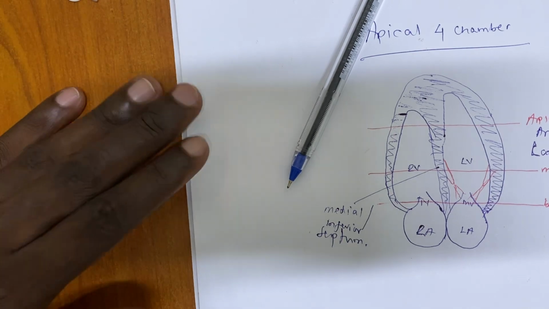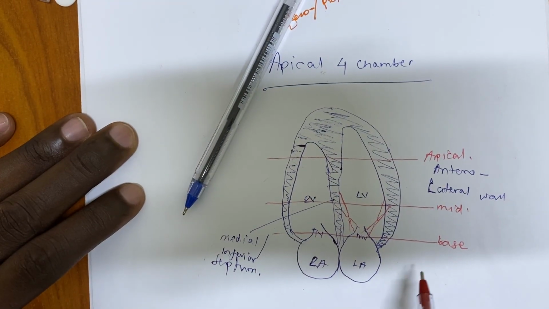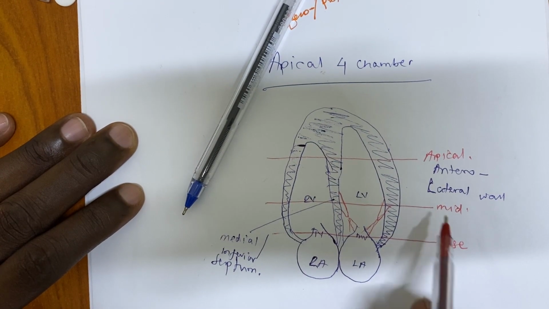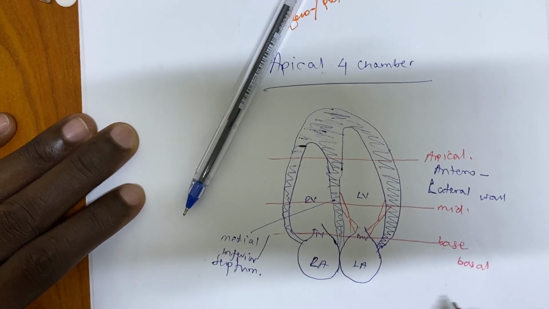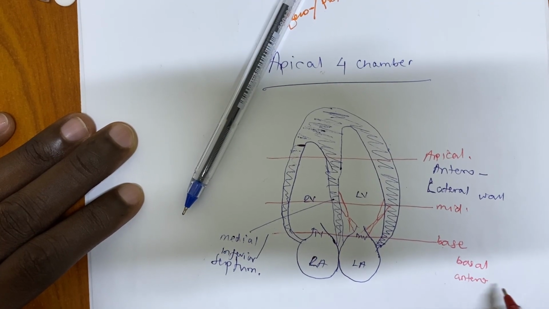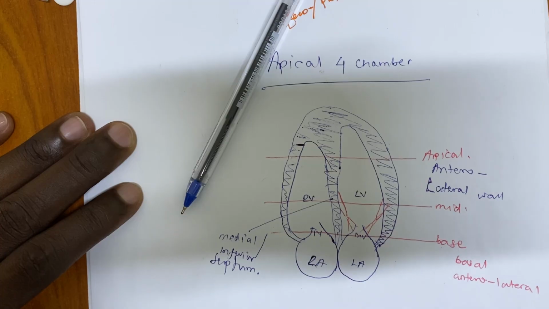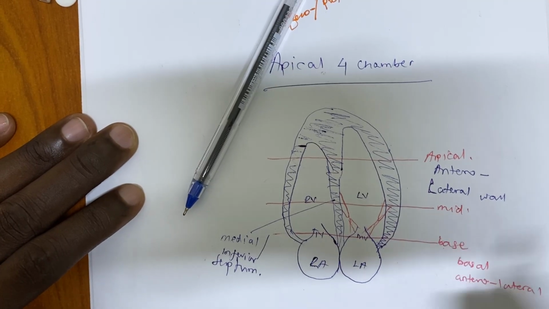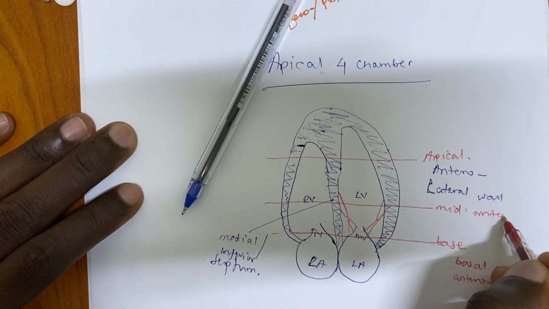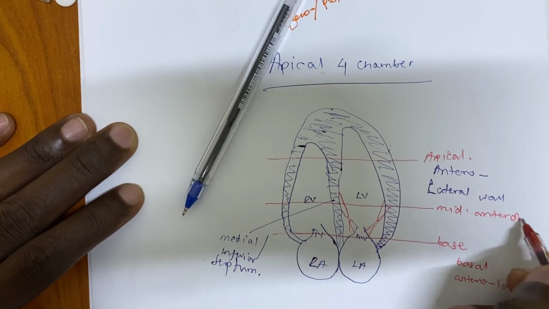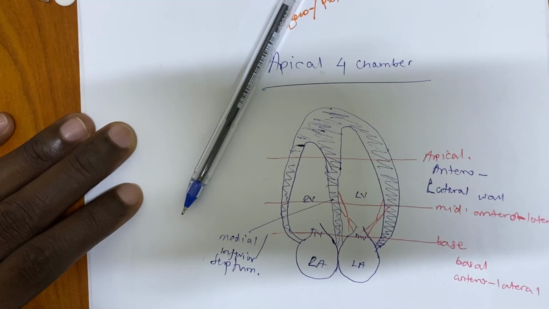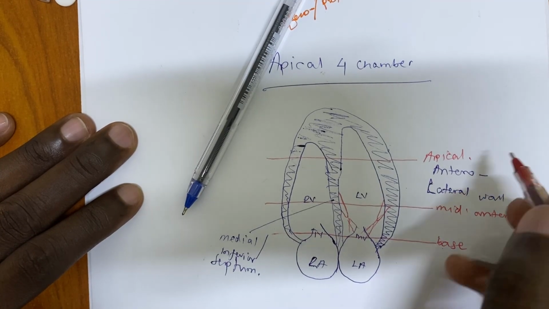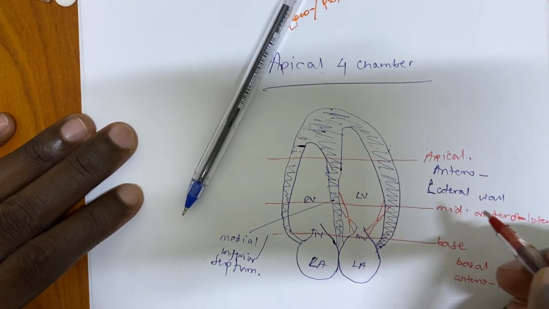So we put names as usual. Base, that is basal anterolateral. Mid anterolateral. And then apical anterolateral.